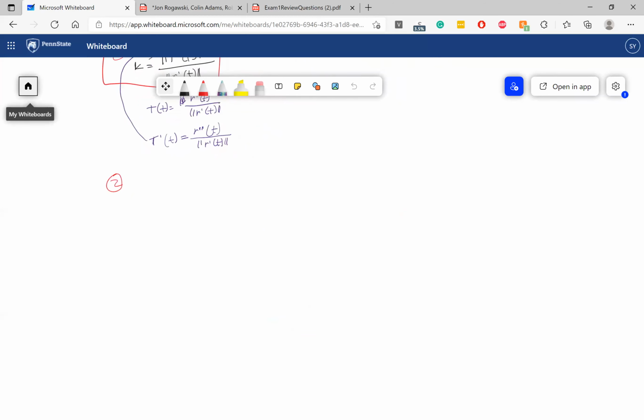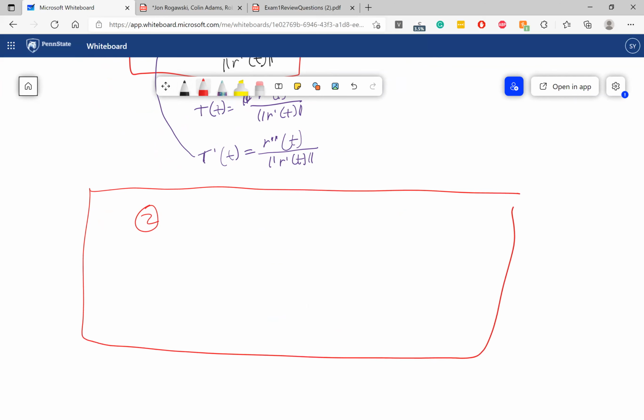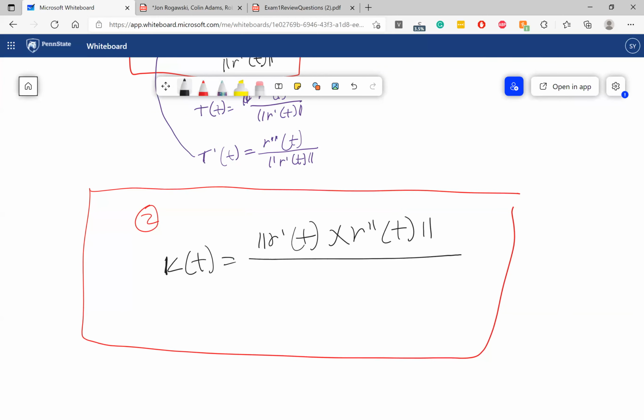Okay, the second formula is going to be your curvature at some time t is the magnitude of R prime of t cross R double prime of t over the magnitude of R prime of t cubed.